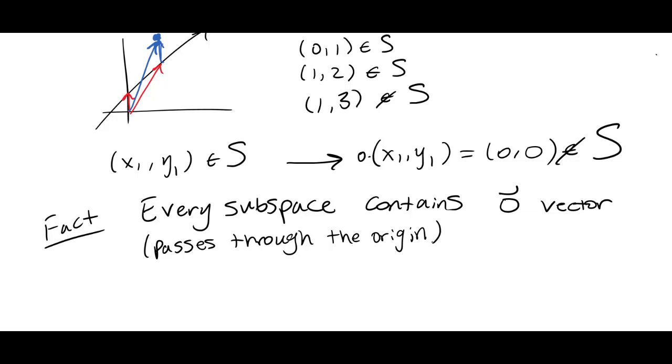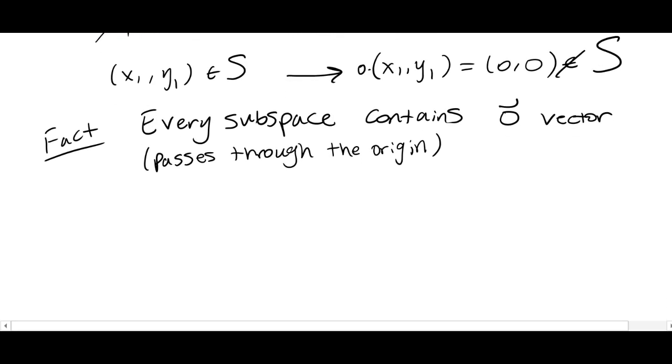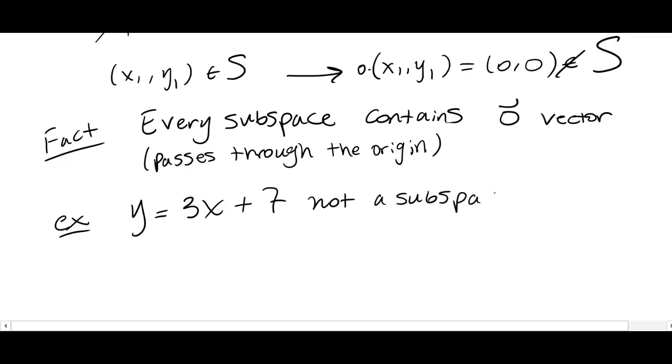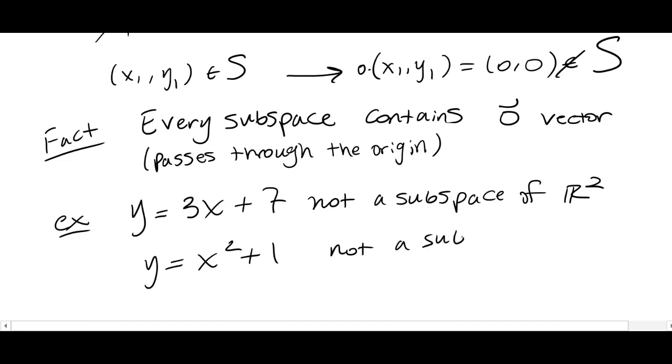So with that fact, we can quickly determine that some other things are not subspaces, like y equals 3x plus 7, not a subspace of R2, because it doesn't pass through the origin. y equals x squared plus 1, not a subspace, because it doesn't pass through the origin.